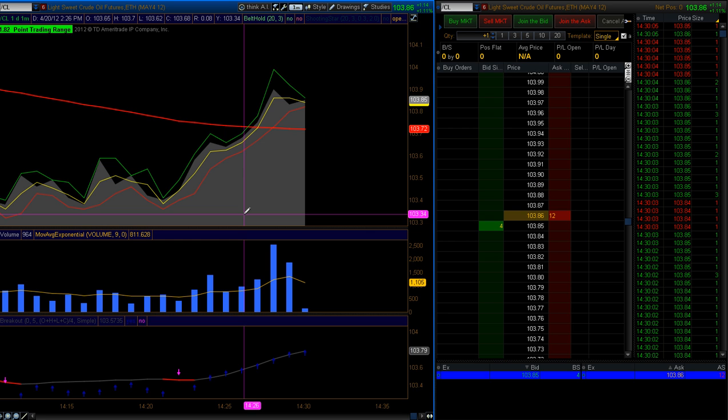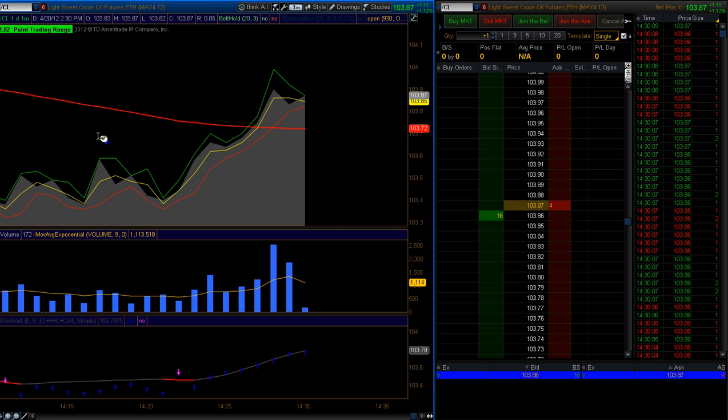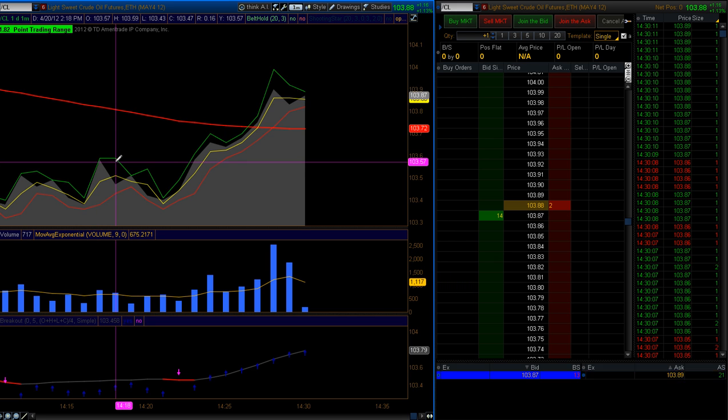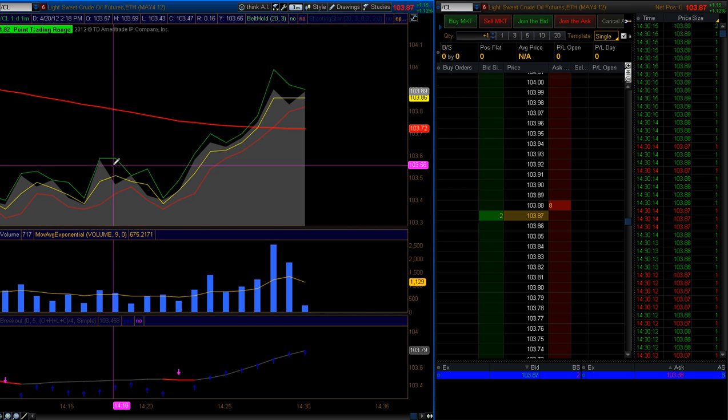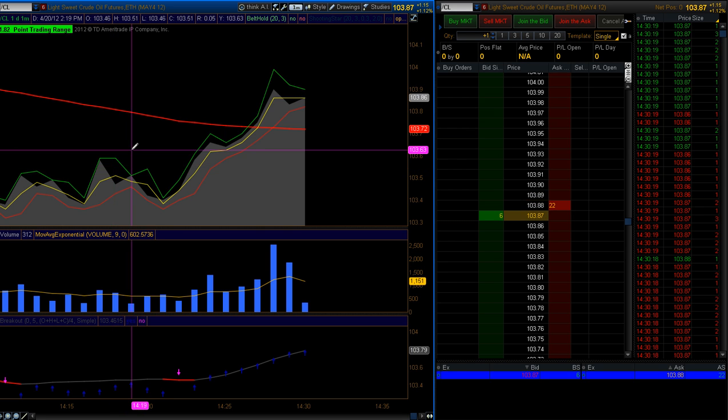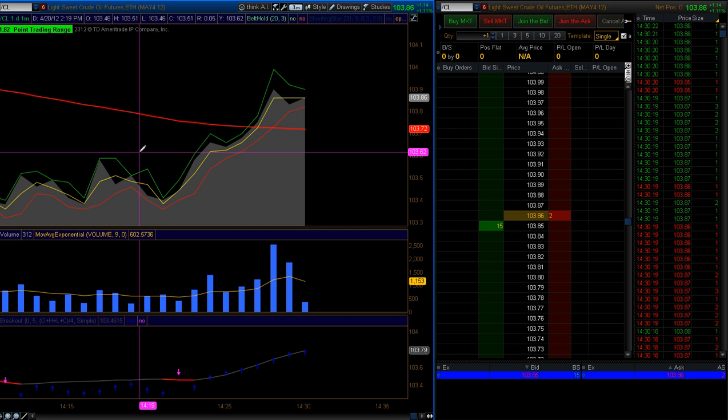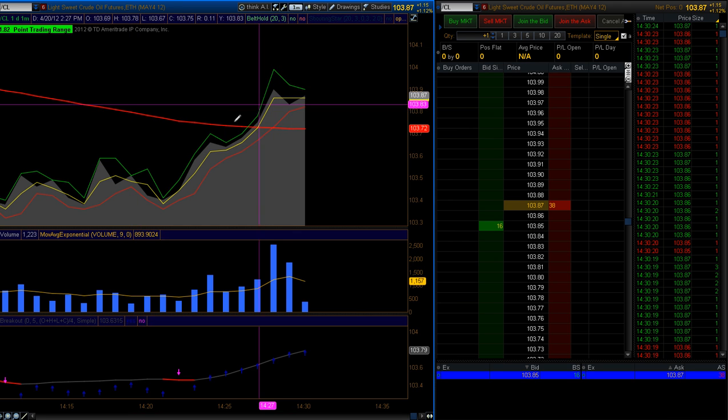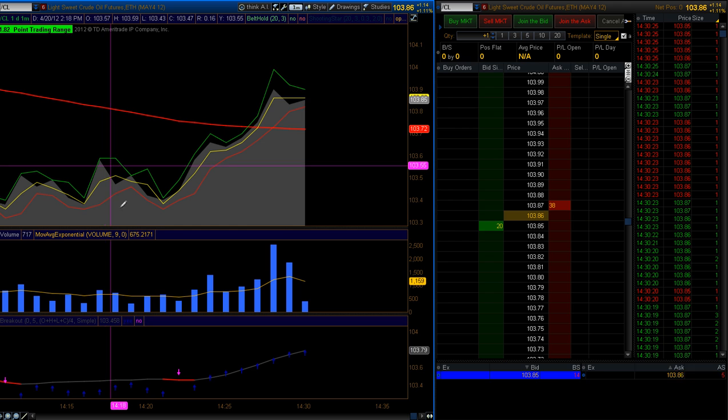Alright, we just closed the regular session, and this is the extended session in crude futures right now. Now this looks a little different than this does.